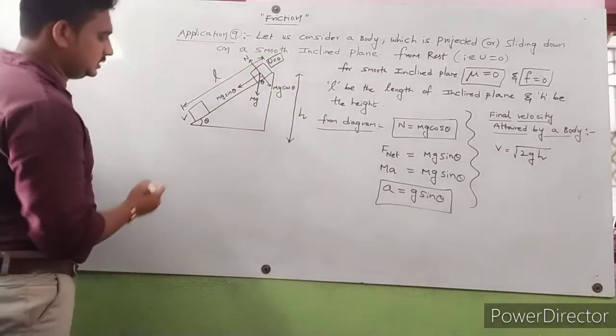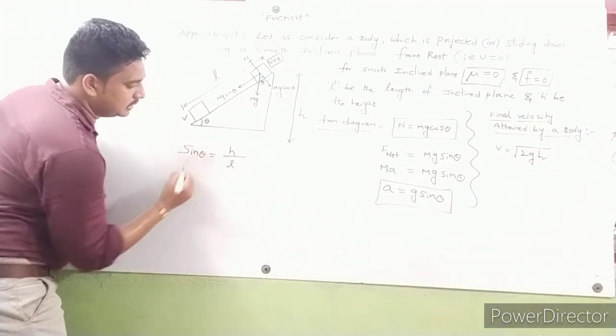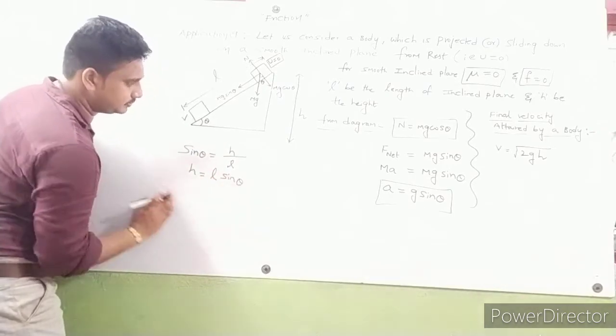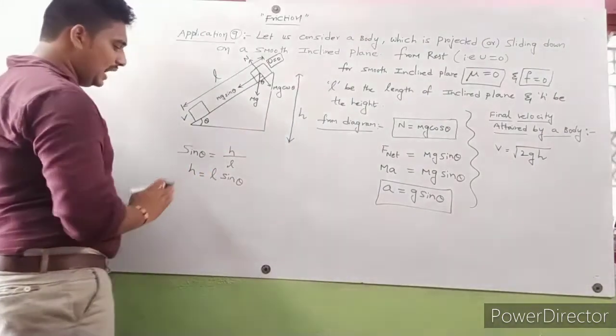From this, sin theta is equal to h by L. Then h is equal to L into sin theta.